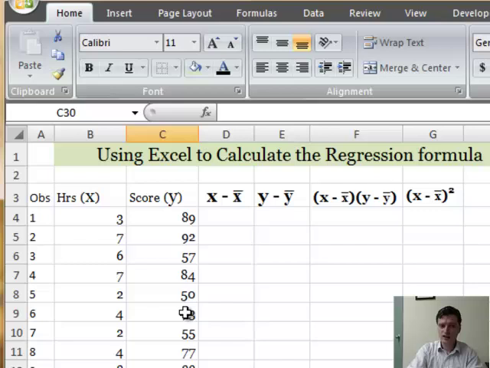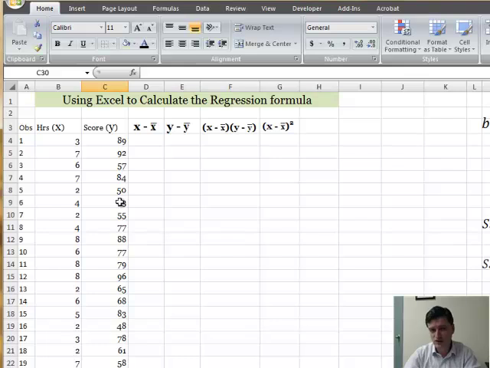Okay, the first thing I need to do here, and this is a trick, is to, after I put all of these scores here, or numbers, format this as a table. The table has many advantages, one of which is that once you do one equation or one formula, the table will fill out every row for you. To do this, you just click inside any one of these rows.